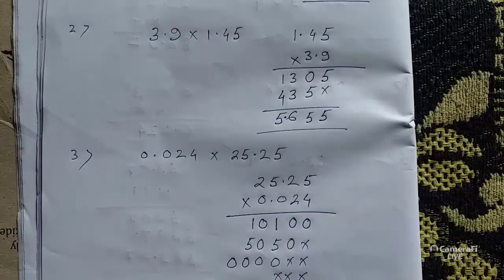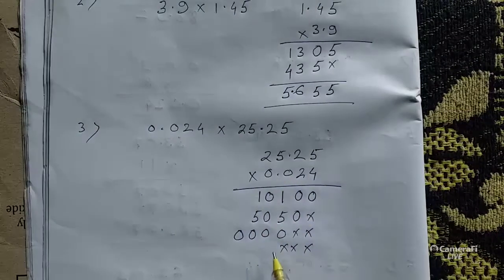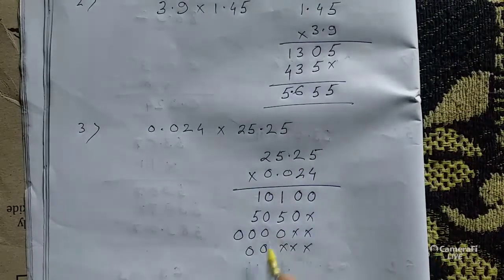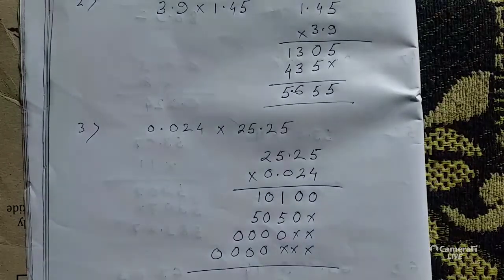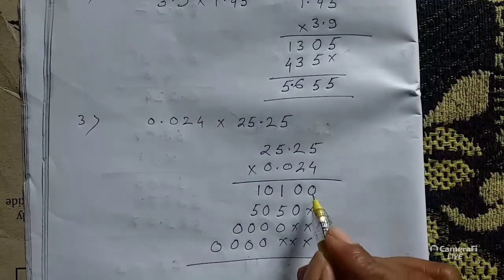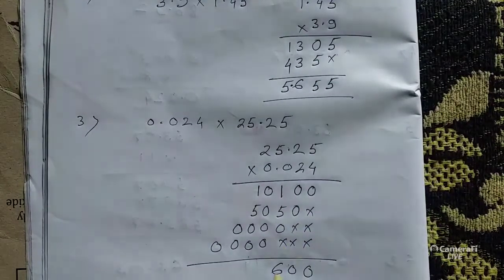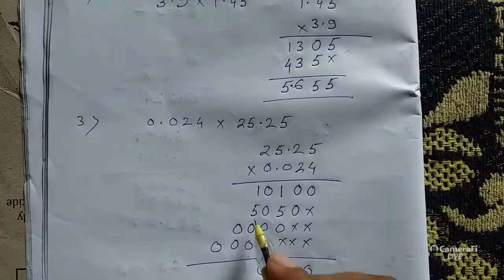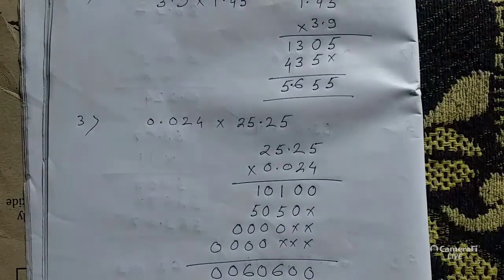Again cross sign, triple cross. There is a digit 0 again, so 0 in each place. Complete all digits. Now add 0, 0, 5 plus 1, 6. Here is only 0, 5 plus 1, 6, 0, 0.